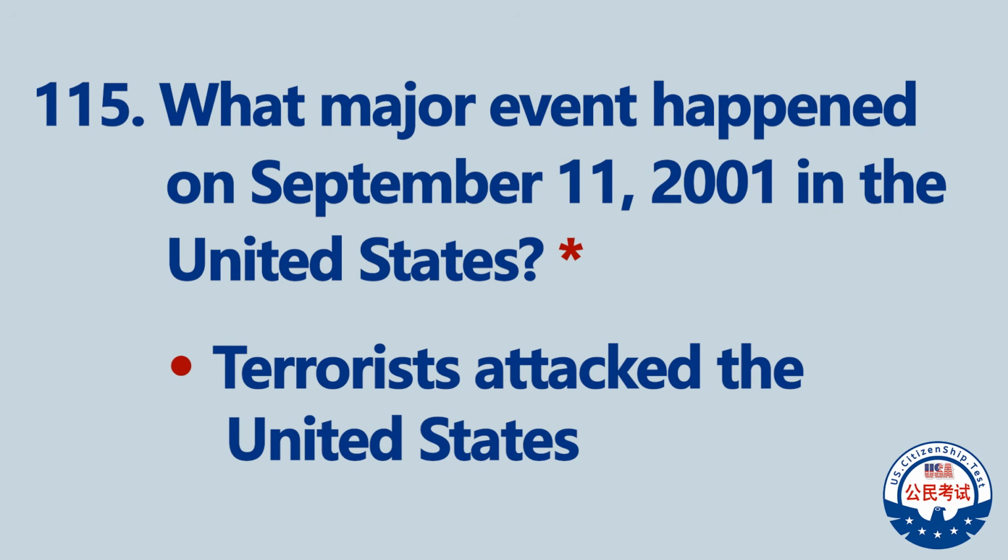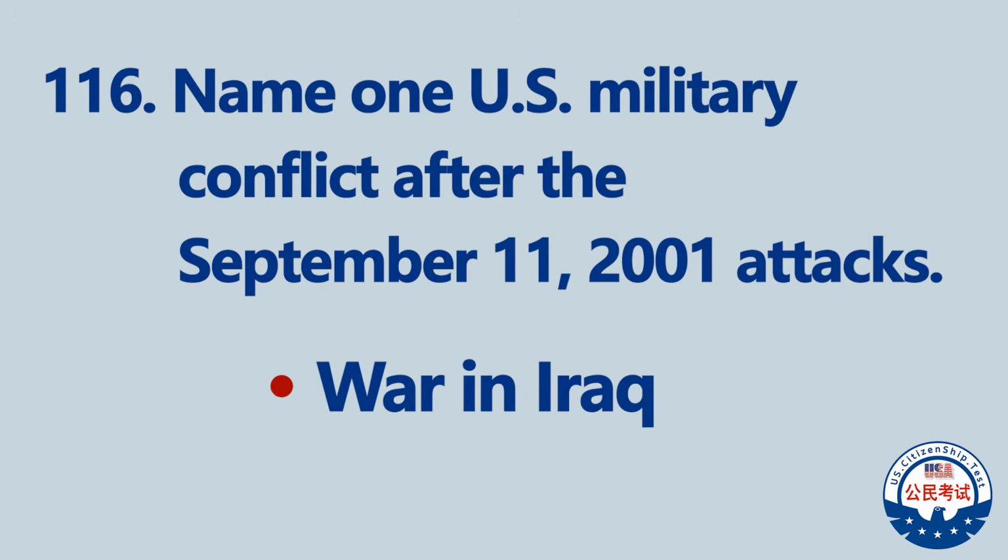What major event happened on September 11, 2001 in the United States? Terrorists attacked the United States. Name one U.S. military conflict after the September 11, 2001 attacks. War in Iraq.